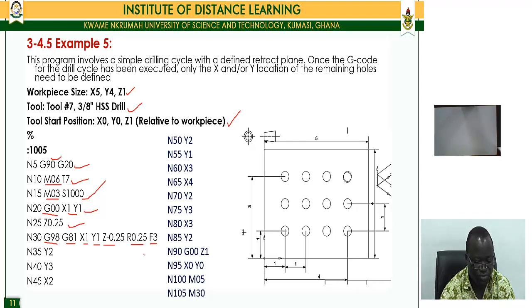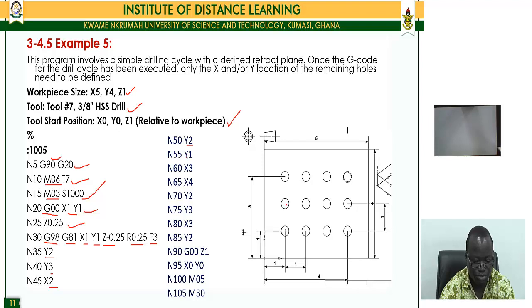We'll just do a drill to this depth and retract to 0.25 at the feed rate of 3 inches per minute. Then it moves to Y2 up and does this drilling here, and then it moves to Y3 and does the same drilling with the G81 command.